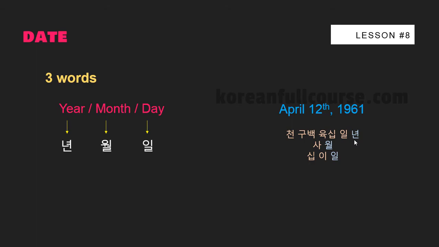If you're not familiar with reading rules and feel confused, watch the lesson number 5. So 천 is 1000, 구백 is 900, 육십 is 60, and 일 is 1, and 년 is year. 사월, which is April, and 십이일, 십이 is 12, and 일 is day.